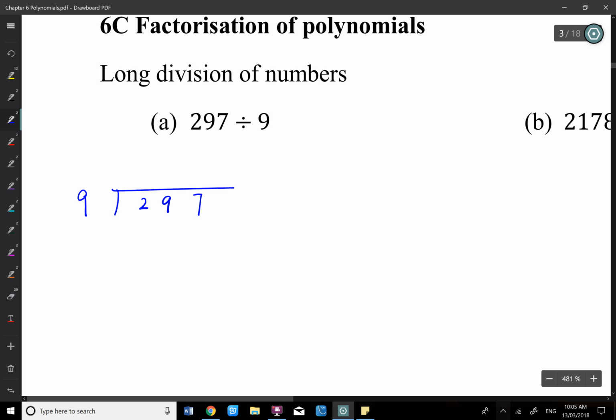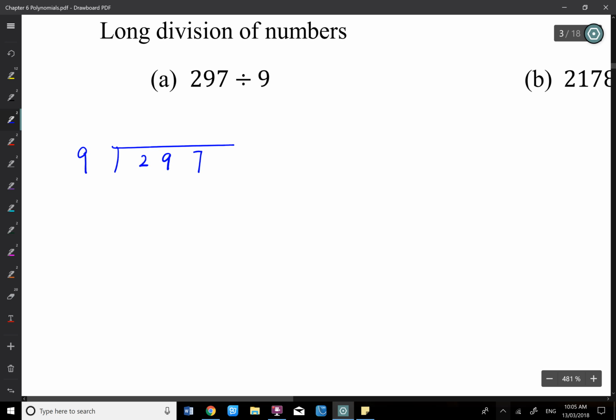297 divided by 9. Well, 29 divided by 9, I have a 3. And then the 3 times the 9, we have a 27. And we subtract, we have a 2, and then the 27 divided by 9, we have a 3. 3 times the 9, we have a 27, and that gives me a 0.